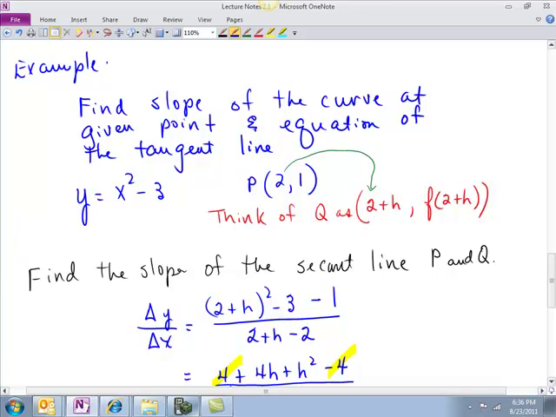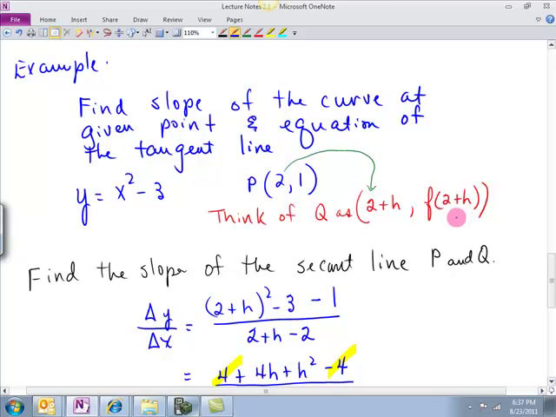Okay, so here's this curve, and when you're given this point, those are the coordinates. X is 2, f of x is 1. So we're going to say, okay, we don't know what Q is, but we're going to say we moved some distance h. So we'll think of Q as whatever your x value is plus h. And the y value of Q would be f of 2 plus h.